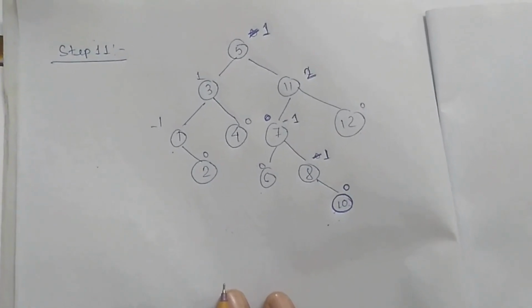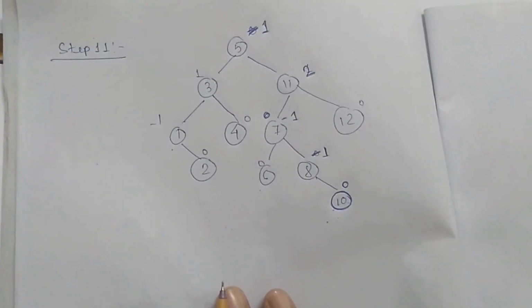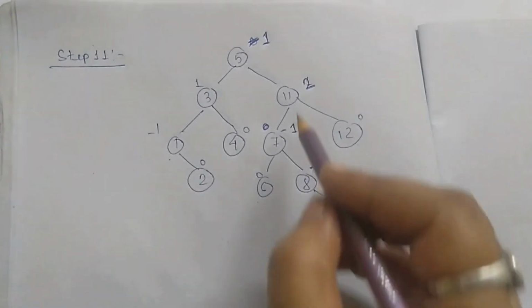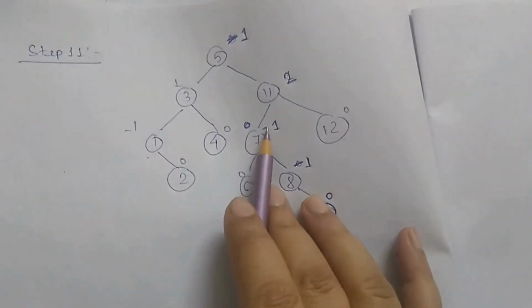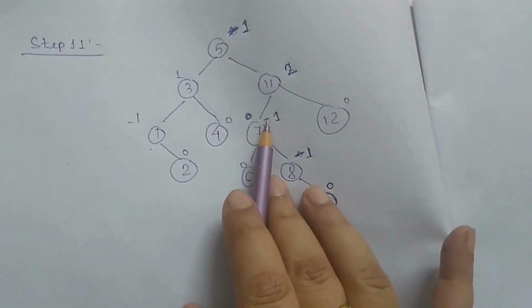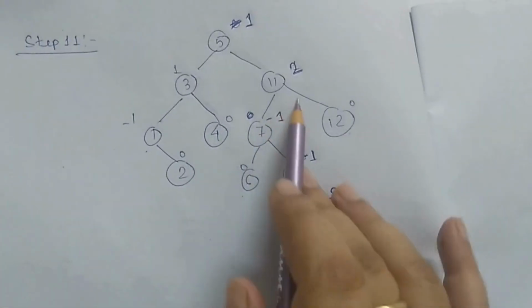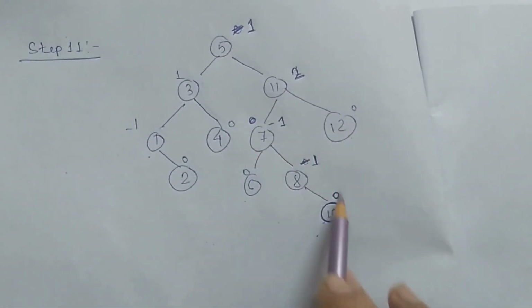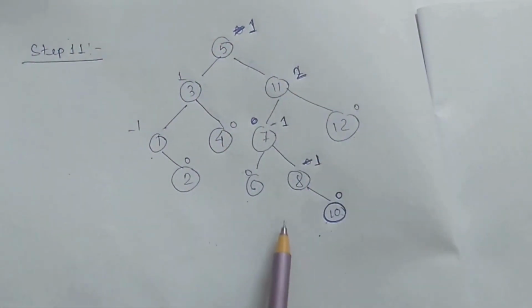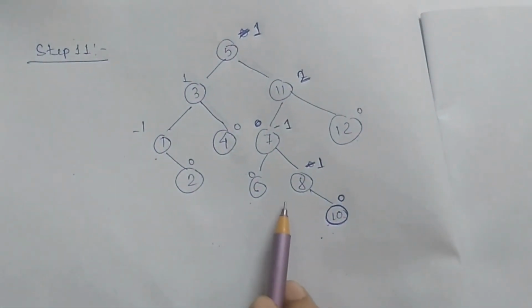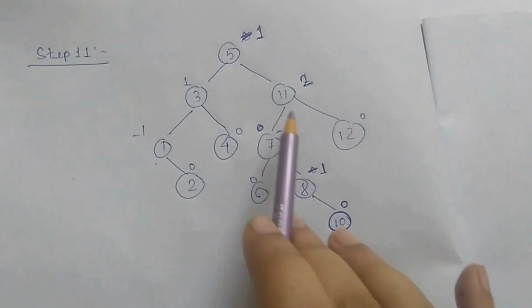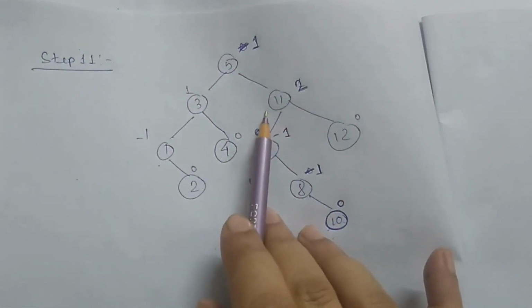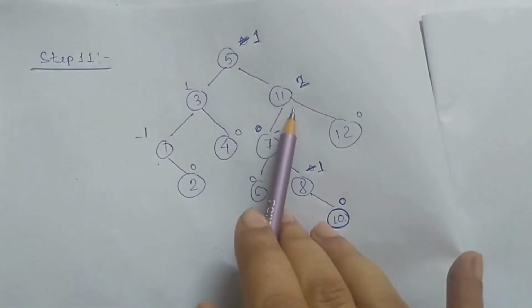Now here we consider some movement. At first we see where the unbalanced value occurs, that means we need to balance this channel. For that reason here we change the 11 value or the next root value of 5.